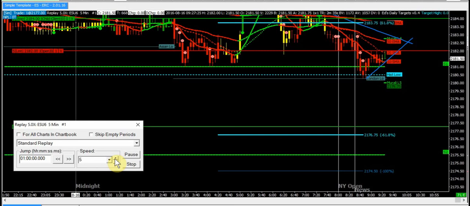I could set it down another tick, but I think it's going to pop up there and fill it. Usually, if it violates the 20 SMA, it will hit the 50 MA or just before it, and then start back down. So let's record it and let's see what happens.